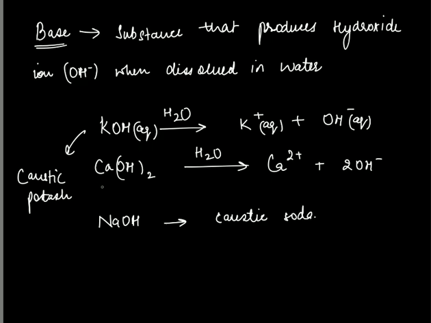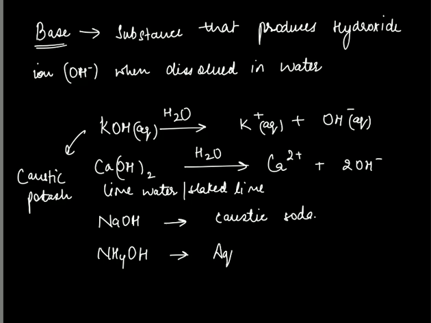Calcium hydroxide, I think I have discussed that before, is lime water. We even call it slaked lime. And then we have a very weak base, ammonium hydroxide, which is formed when we dissolve ammonia in water. Ammonia is a gas. Ammonium hydroxide is very much a weak base. The common name for ammonium hydroxide is aqua ammonia.